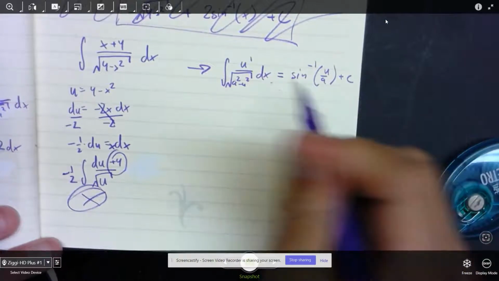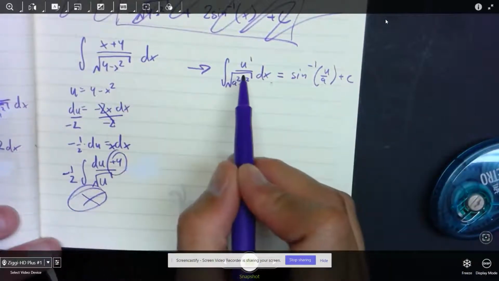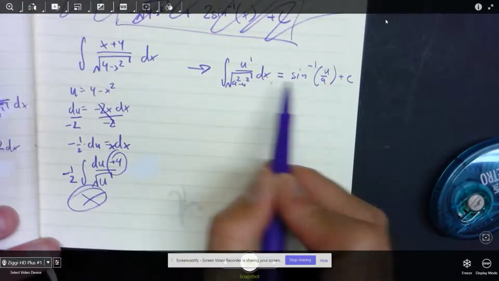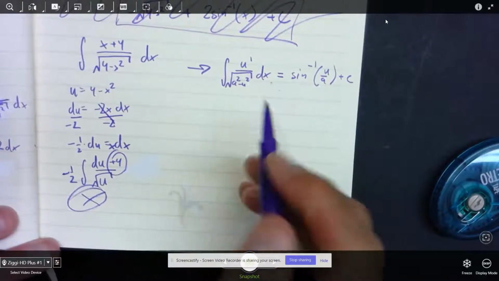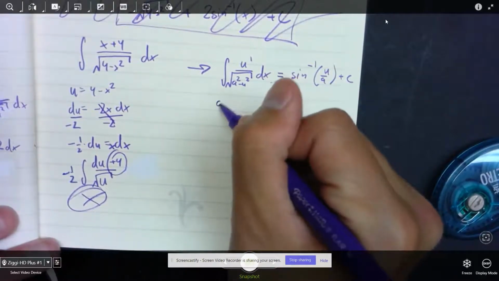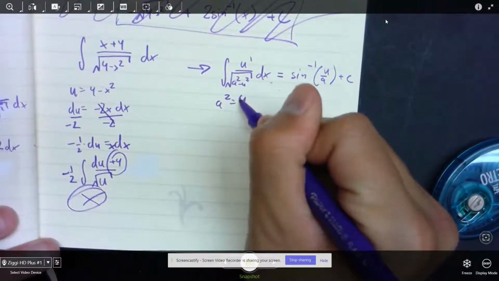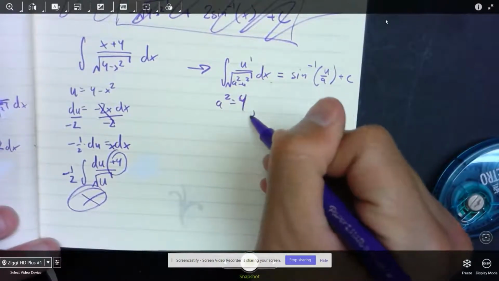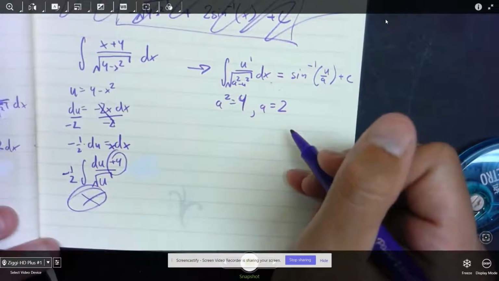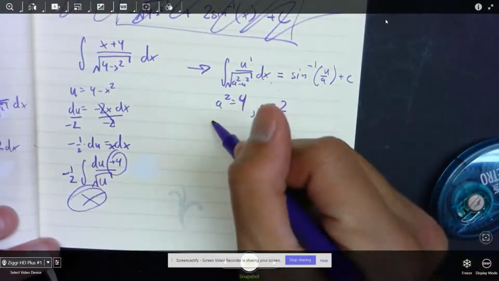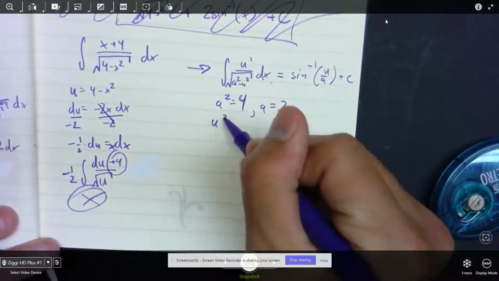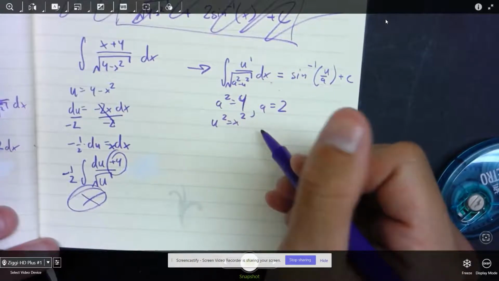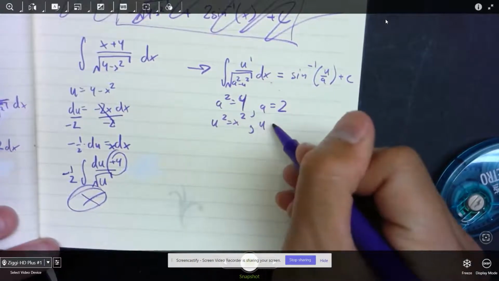Okay, so again, this is what we actually have, and this is the proposed solution. If I can identify all these things, I can replace them perfectly. So we have a squared will be 4, and then your a would be 2. And then your u squared is technically x squared. Let's define u by itself.